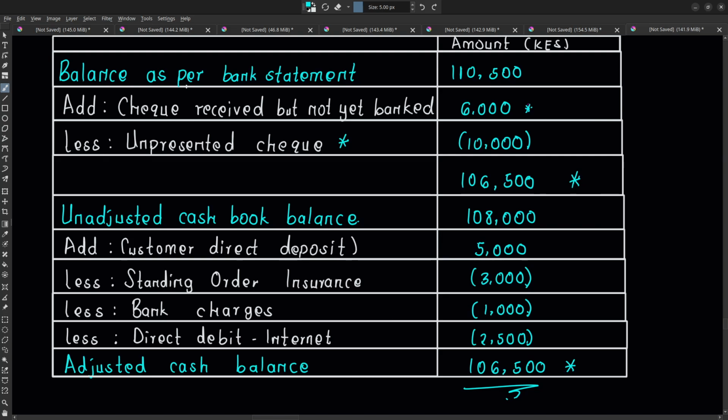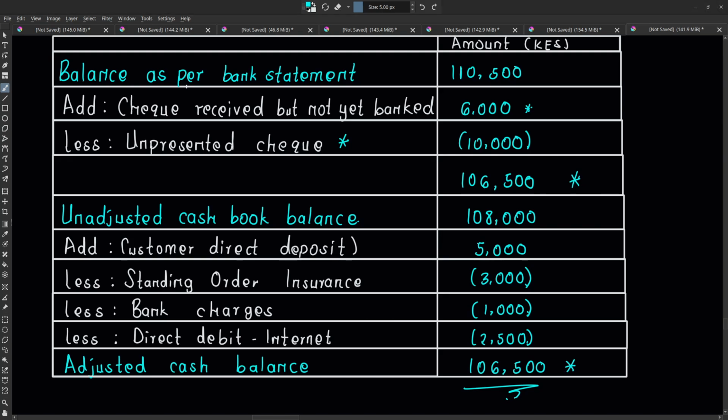Okay, so this is a very key statement that is prepared by a business. Mostly they do it monthly to ensure that they have a fair representation of the cash balance as at a particular end of an accounting period. Remember we are required to present the correct fair balance as at a particular point, because then we will have presented the correct assets, because remember cash is a current asset.